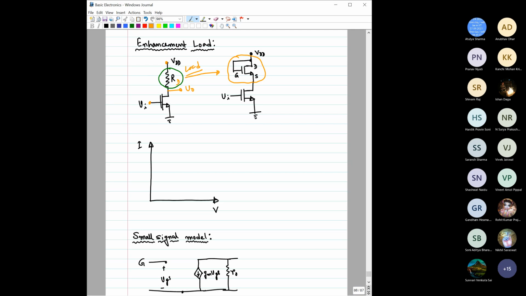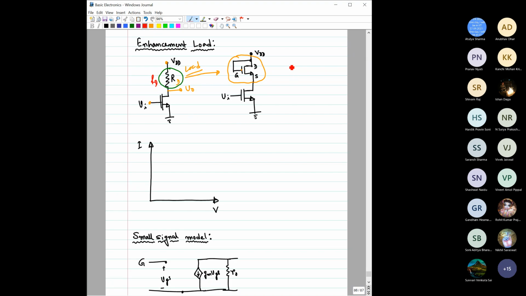So now think about it: how can we replace one resistor with a transistor with gate and drain terminals shorted? Let us see the characteristics and how they will differ. Before that, let us see the characteristics of a resistance.